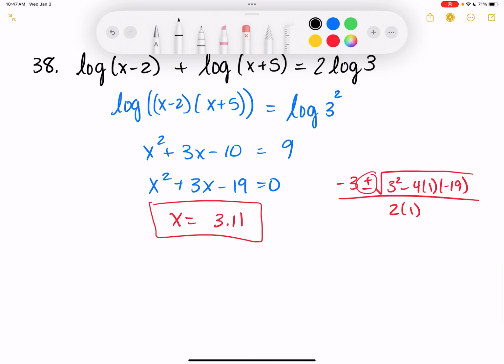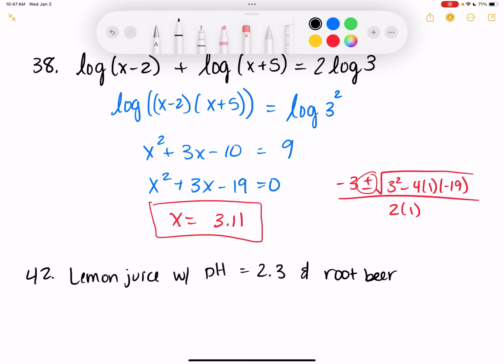So, 42 says lemon juice with a pH equal to 2.3 and root beer, if you know what I mean, with a pH equal to 4.1.